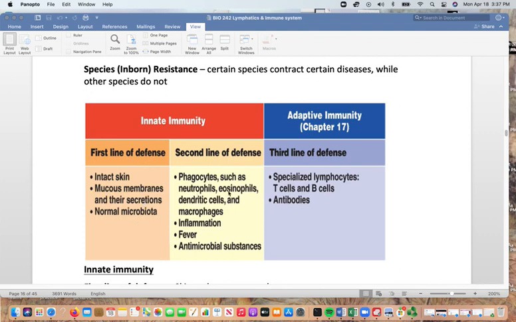Second line of defense, some of this non-specific immune cells like phagocytes, neutrophils, eosinophils, dendritic cells, macrophages, the processes of inflammation, fever, and other antimicrobial substances. The third line of defense, or adaptive immunity, this is where you're going to have your specialized lymphocytes, T cells, and B cells, and form your antibodies.